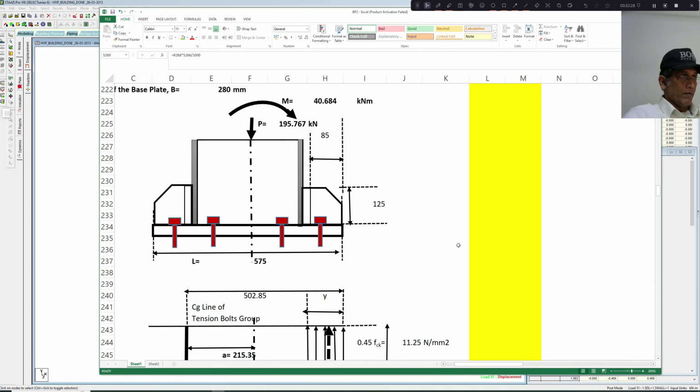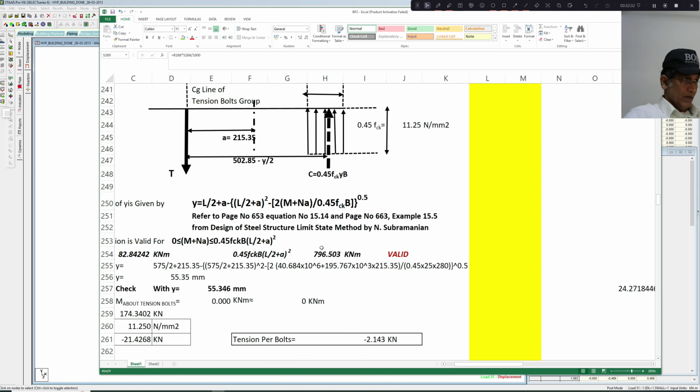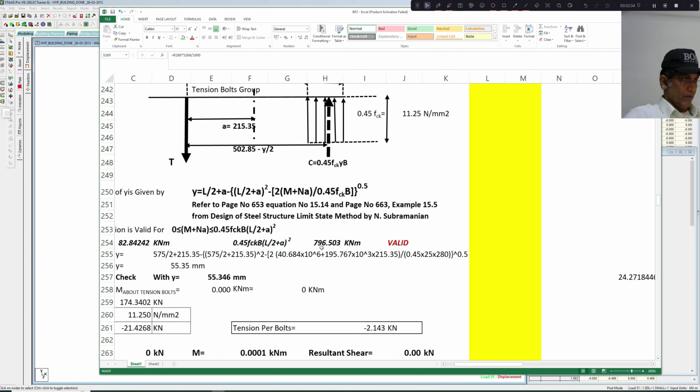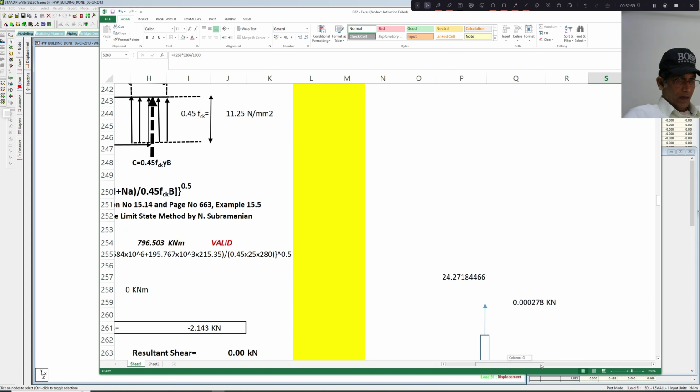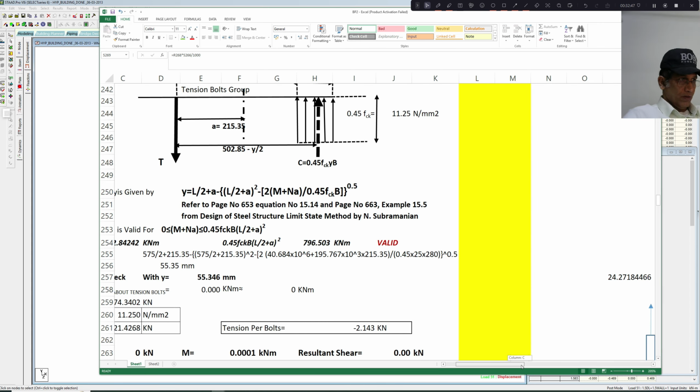Otherwise, a looping problem could be created, because if you keep on adding, the tension will keep on adjusting, so there will be a looping problem. So you should calculate it manually. For our cases, it shall not be much greater, but at times it could be considerable. So you should actually check it.